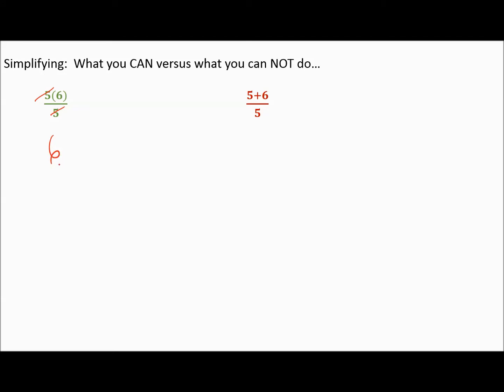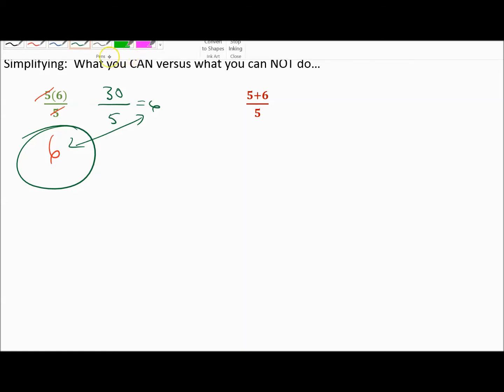Now, before you cancel, if you actually multiplied to simplify that, let me do this in green so you can see it. 5 times 6 is 30. And then over 5. Now we know that is 6, right? So those match. We know that this is a correct step to take. But over here, different.